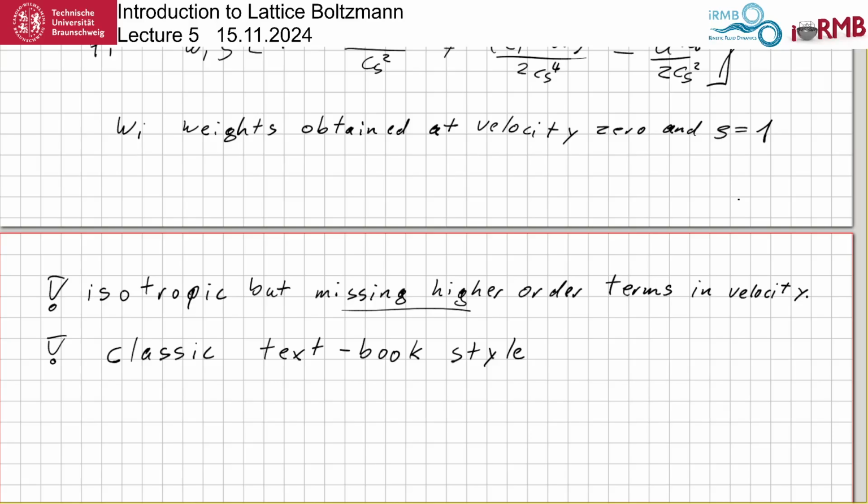Wolf-Gladrow, yeah. 25 years ago. So there you can read these things. What? No, textbooks. I missed my line. Sorry. You should never write from notes. Classical textbook equilibrium. Oh my God.